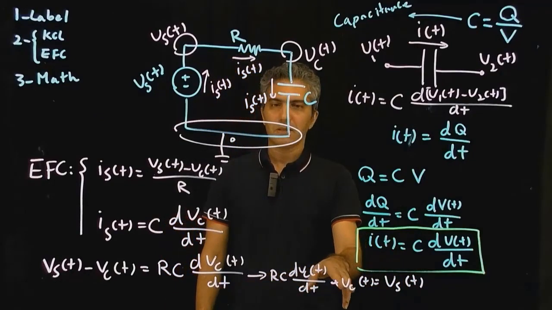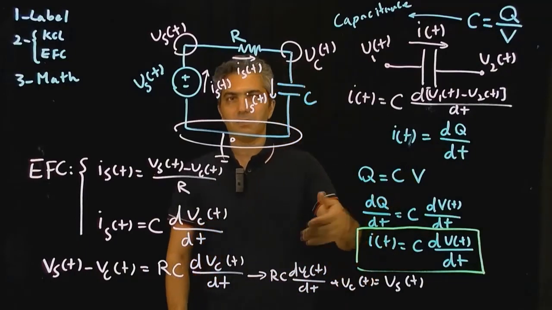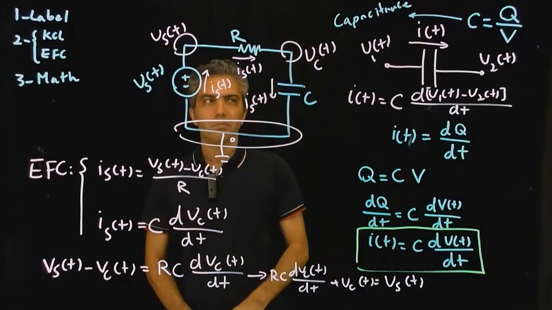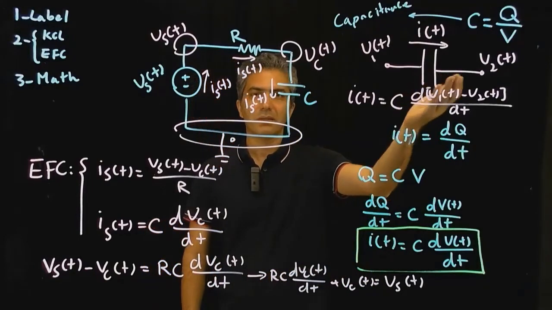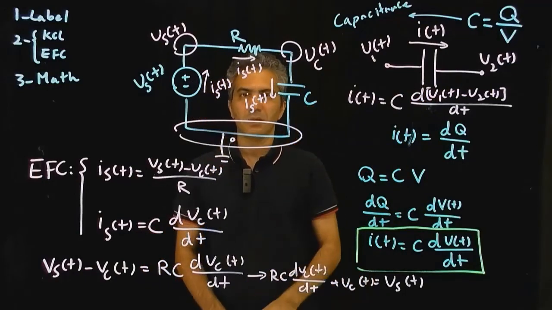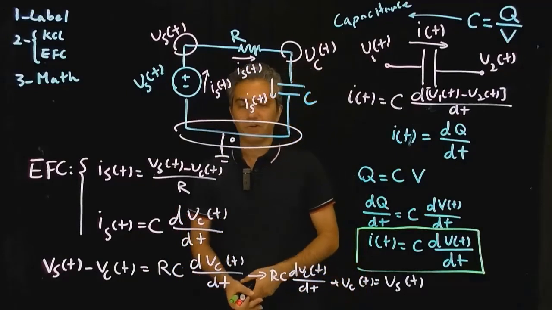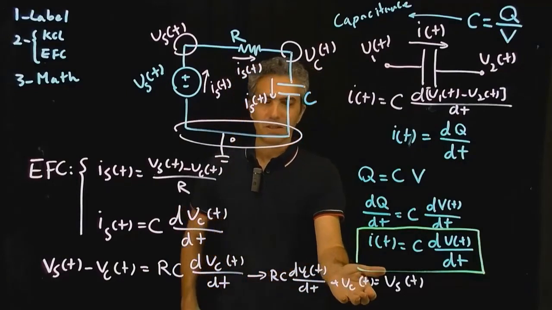Now, obviously, this VCT becomes a function of time, and that's what we expected. We said that because the equation that relates the voltage and current of a capacitor is a function of time, everything in the circuit, all the voltages and currents, are eventually going to become functions of time, and that includes VC.